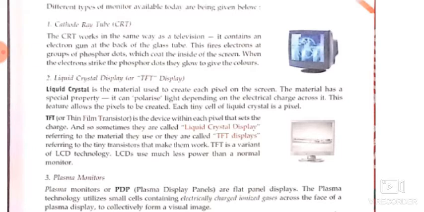The material has a special property that it can polarize light depending on the electrical charge across it. That is, depending on how much electrical charge there is, it will be polarized accordingly. This feature allows the pixel to be created; this is the technology behind the creation of a pixel.